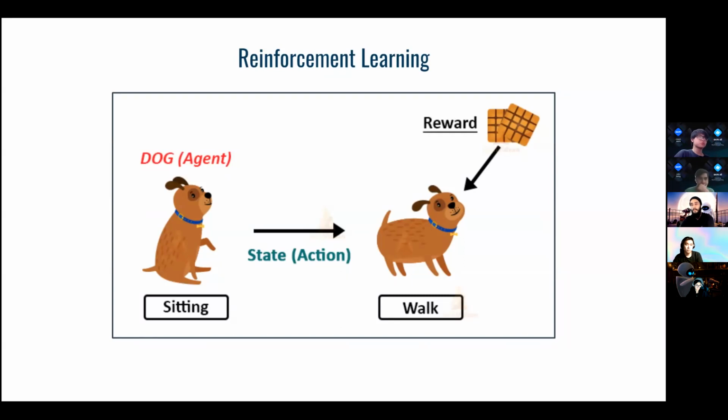By reinforcing that habit into the dog, you're trying to teach different skills. That's the basic idea of reinforcement learning. You throw a computer into an unknown environment, you give it certain actions that it can do, and then you let the computer learn by trial and error what the right things to do in that environment are.